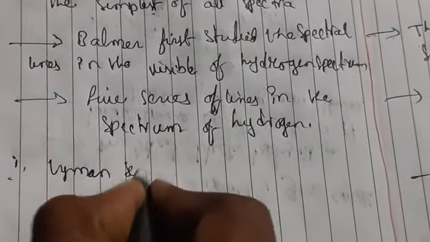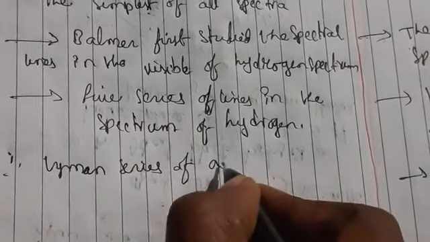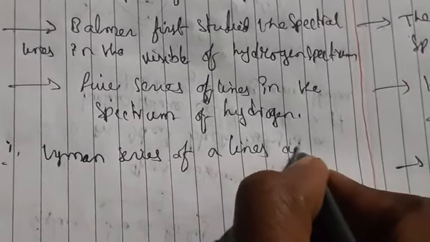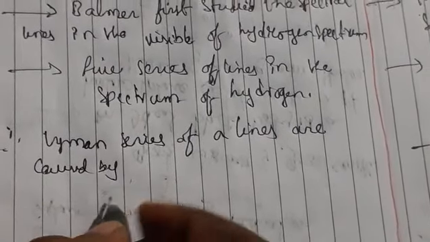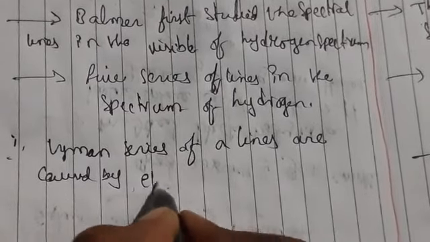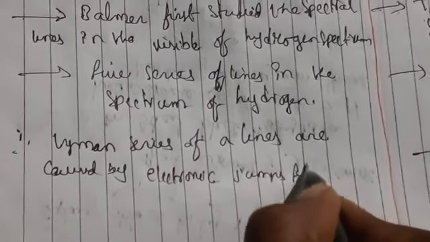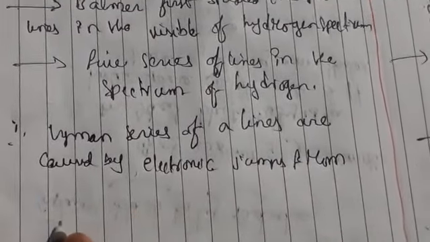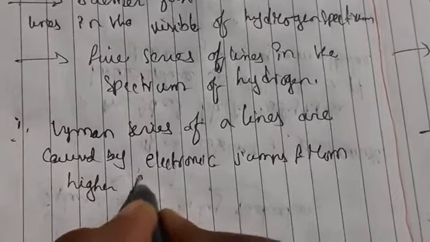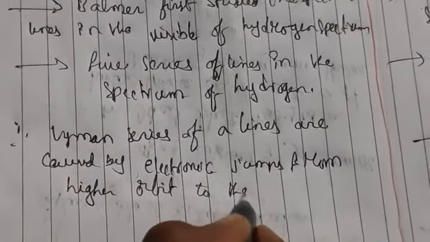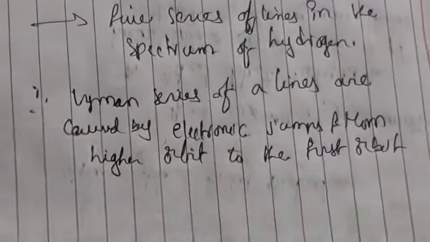The Lyman series of lines are caused by electronic jumps from higher orbits to the first orbit.